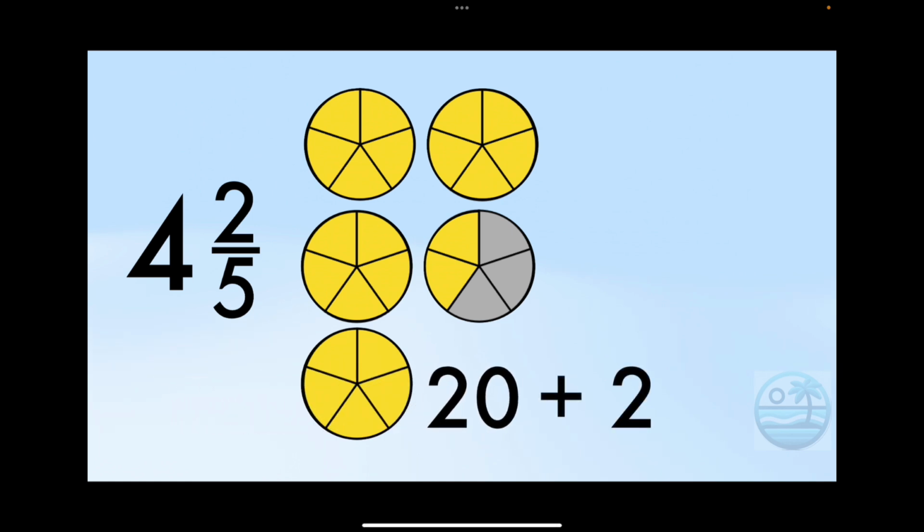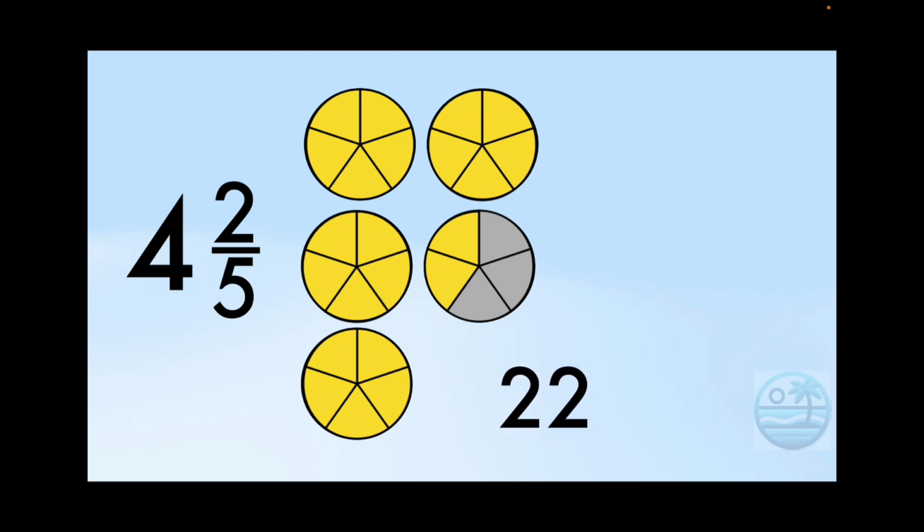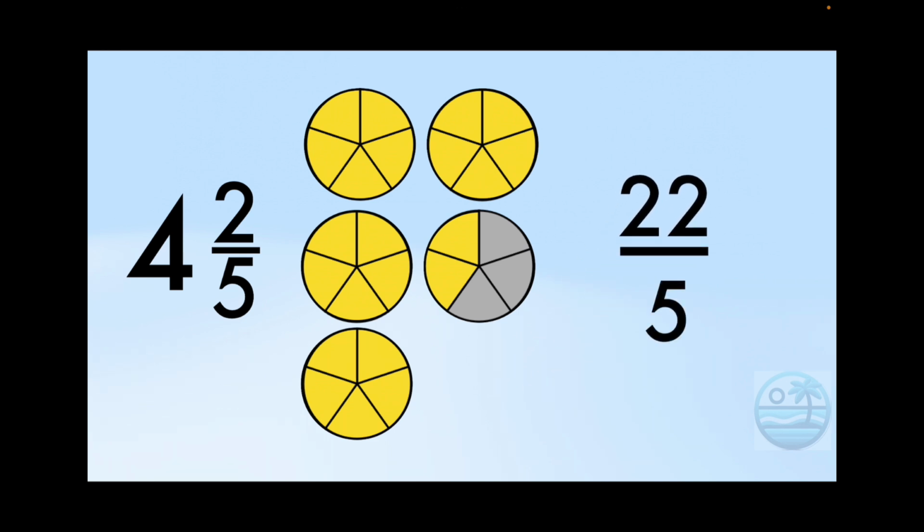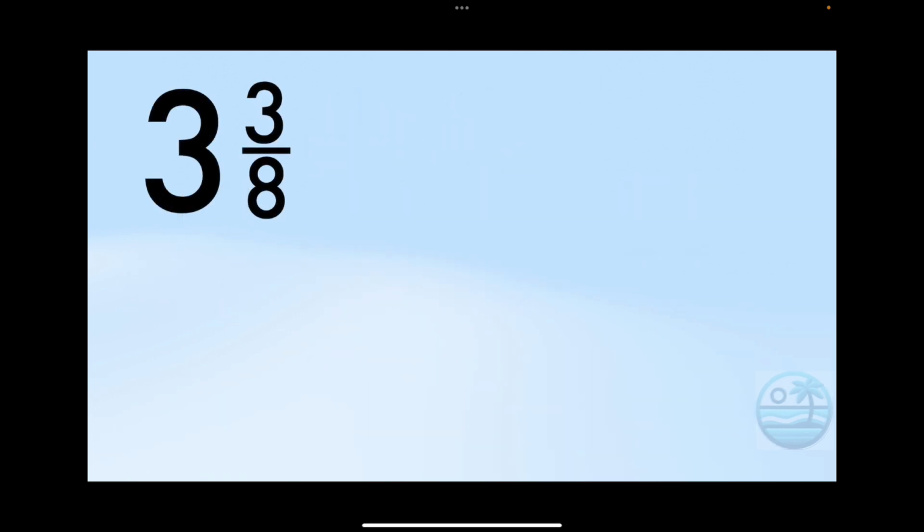Add that 20 pieces to the 2 in our numerator for a total of 22 pieces. Put this over our fifth because that's what everything's cut into, and we can see that 4 and 2/5 is equal to 22/5.